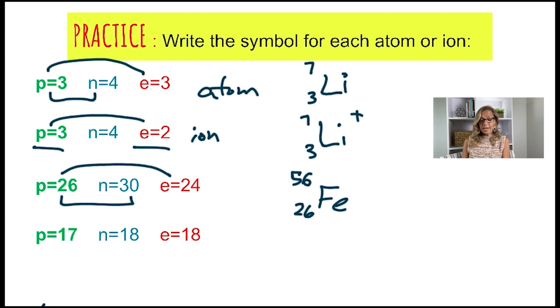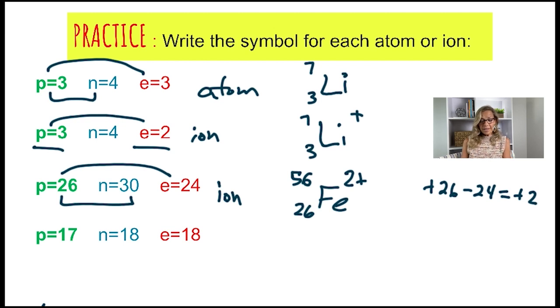They are not the same, so I know it's an ion. And what's the charge going to be? I have 26 positive particles, 24 negative particles, so it's a +2 charge, or we write it as a 2+. So think about this. We have lost 2 electrons. An atom would have 26 electrons. We lose 2. Now we're down to 24.